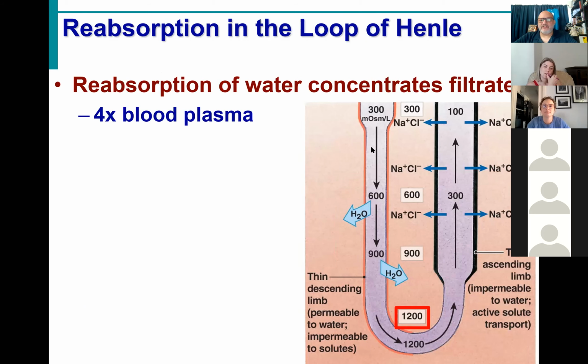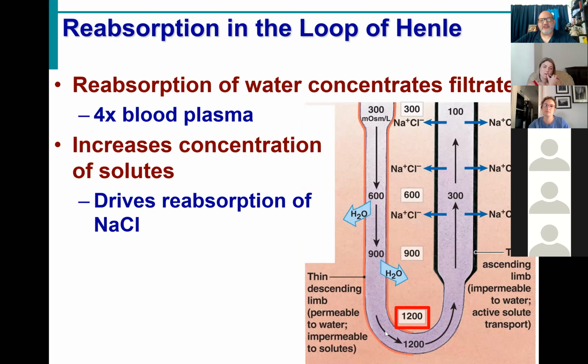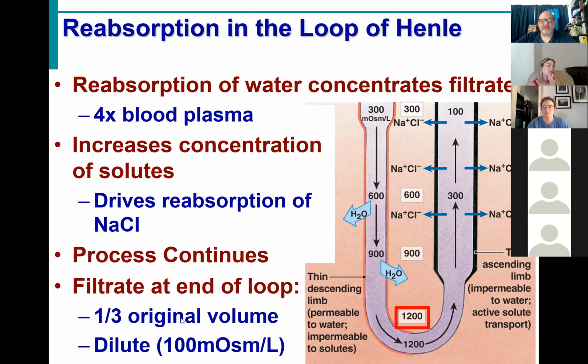So again, I think this is what we were talking about. The reabsorption of the water concentrates the blood plasma here, and that driving force of the solutes allows them to be pulled out on the other side. So again, it just brings back together what we had talked about before. At the end of this process, as we mentioned, we have only one third of the original volume that entered the loops of Henle.